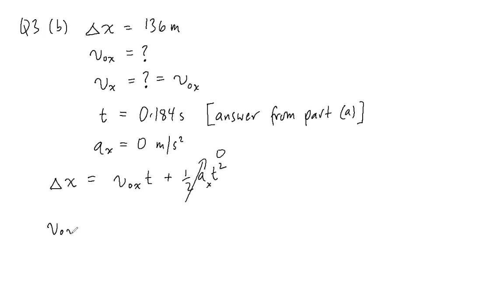We're going to divide both sides by t, so v0x is delta x over t. And so this works out to 136 meters divided by 0.184 seconds, and that is 741 meters per second.